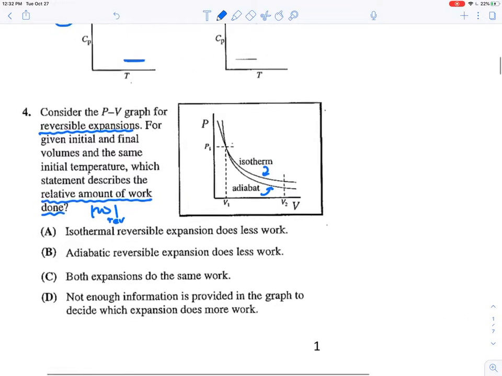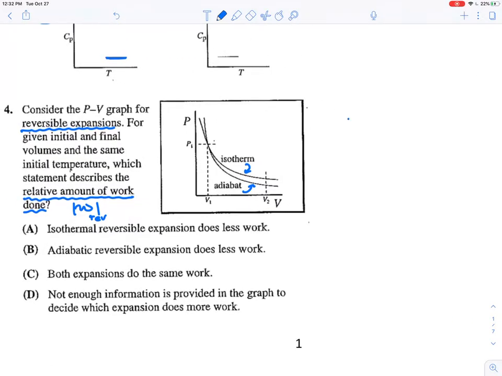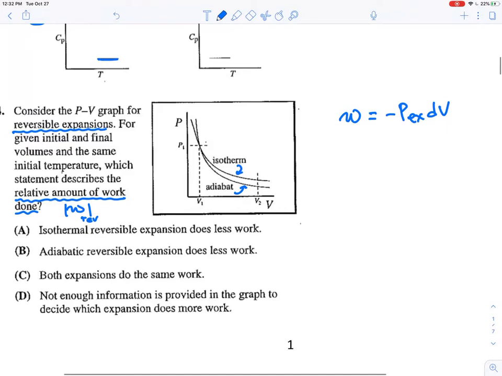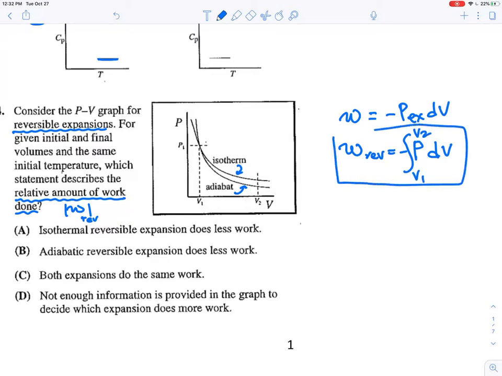From the PV curve, as you remember, work in general is P external dV, right? And work reversible is P dV internal, changing volume from volume 1 to volume 2. So expansion-wise your work is negative, but the magnitude is always the area under the curve.